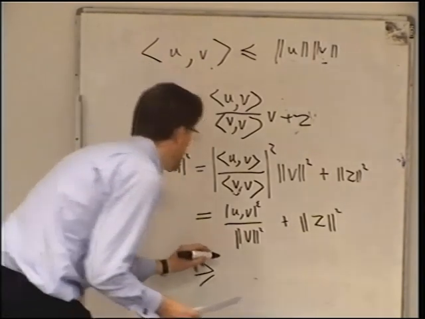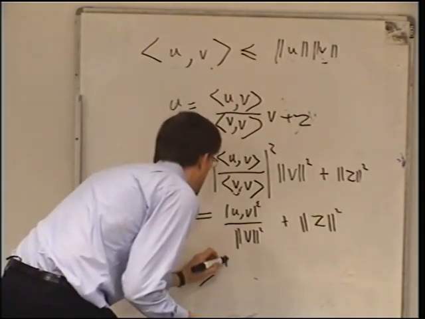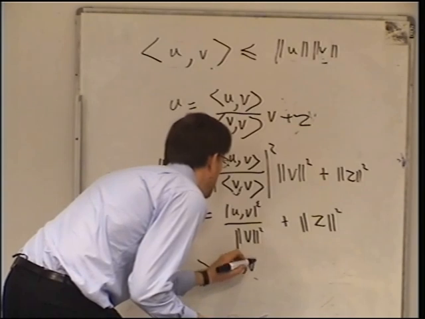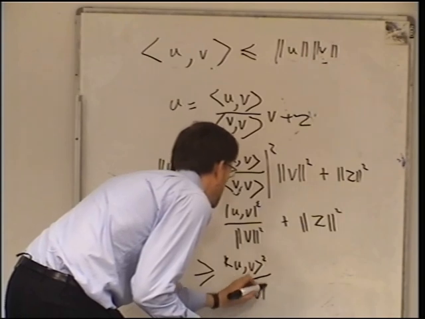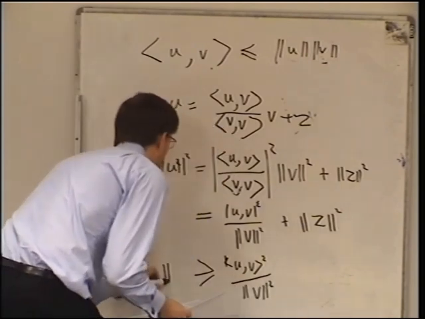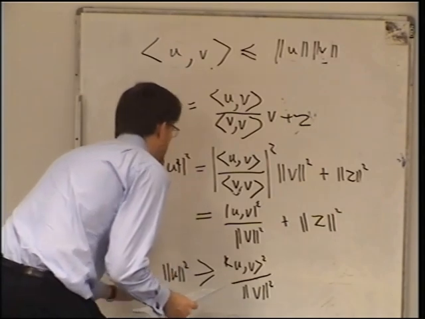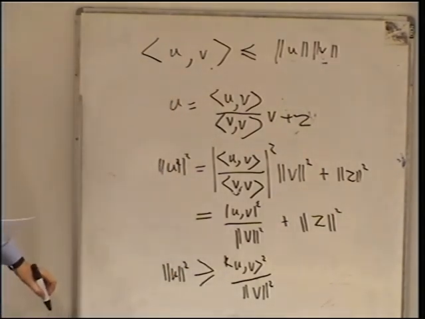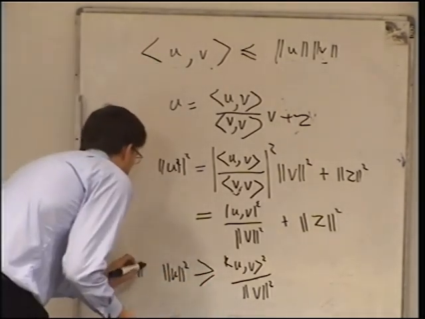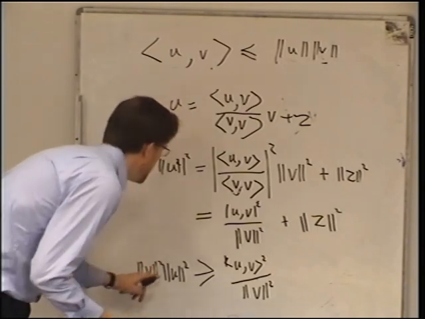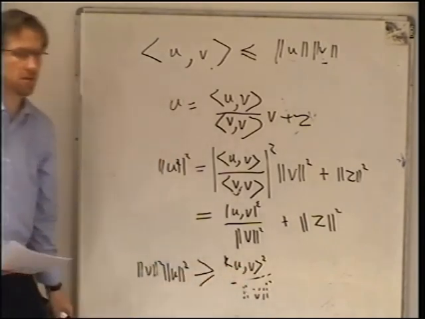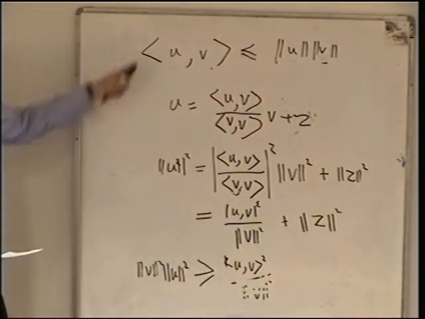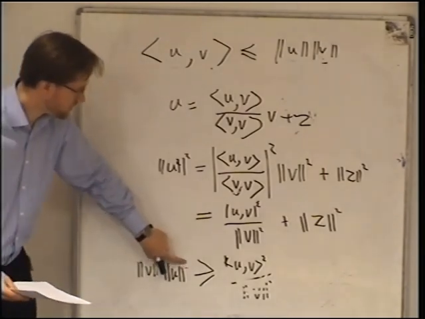Because the norm of z squared is a positive number, this is a sum of positive numbers. So that's (u,v) squared divided by the norm of v squared. And what was on this side? Remember? The norm of u squared. So what do I do now? Multiply by the norm of v squared on both sides. I get the norm of v squared times the norm of u squared is greater than or equal to the inner product of u and v squared. If I really want to write it down the way I originally wrote it down, I take the square root of both sides.